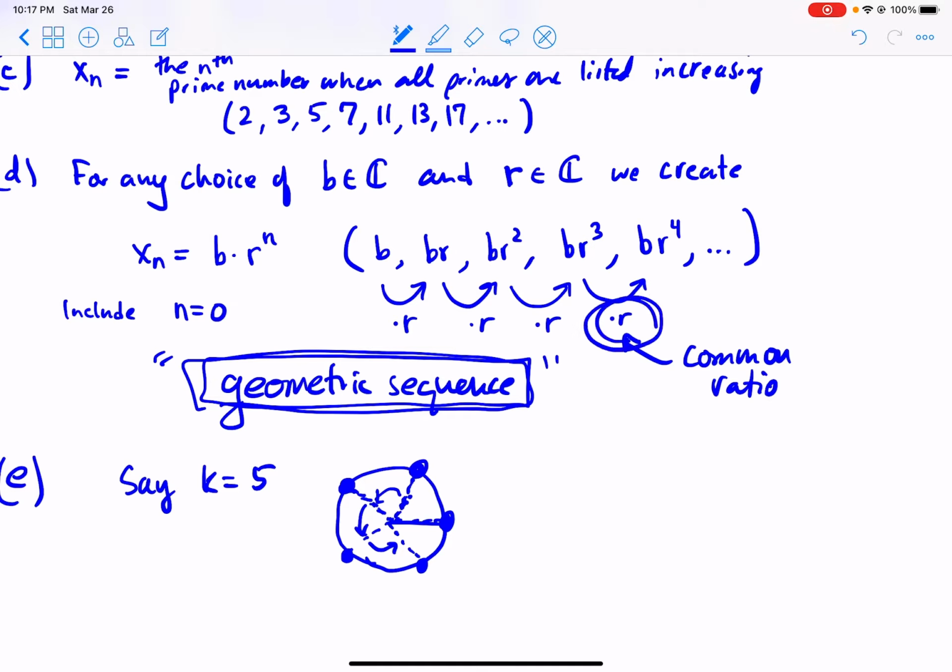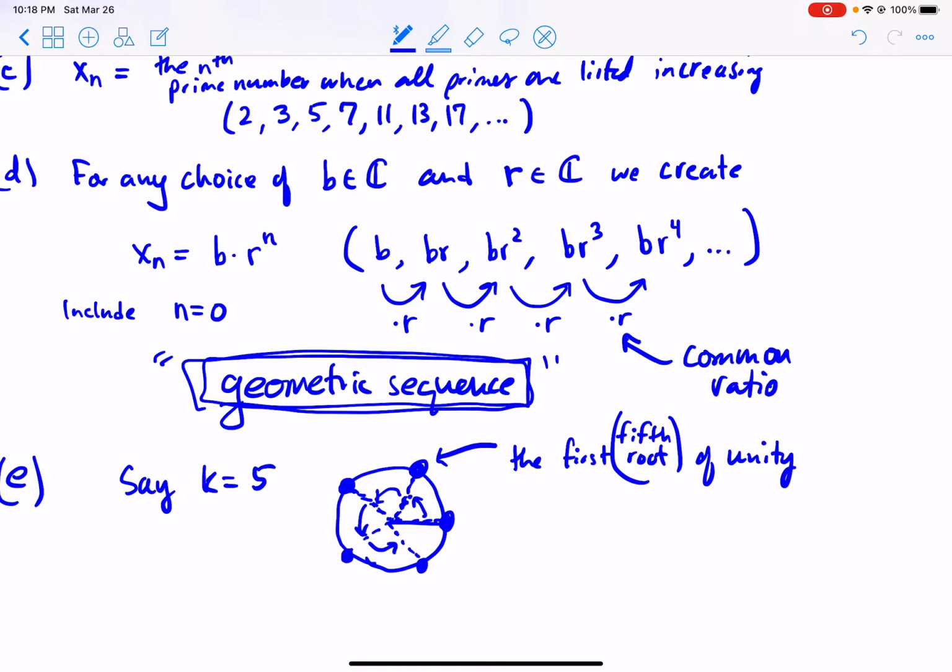To multiply by a number that'll rotate exactly that amount each time is just to multiply by that number. We call this the first fifth root of unity. This is very silly, but anyway, let me cross this off so that you're not confused by it.